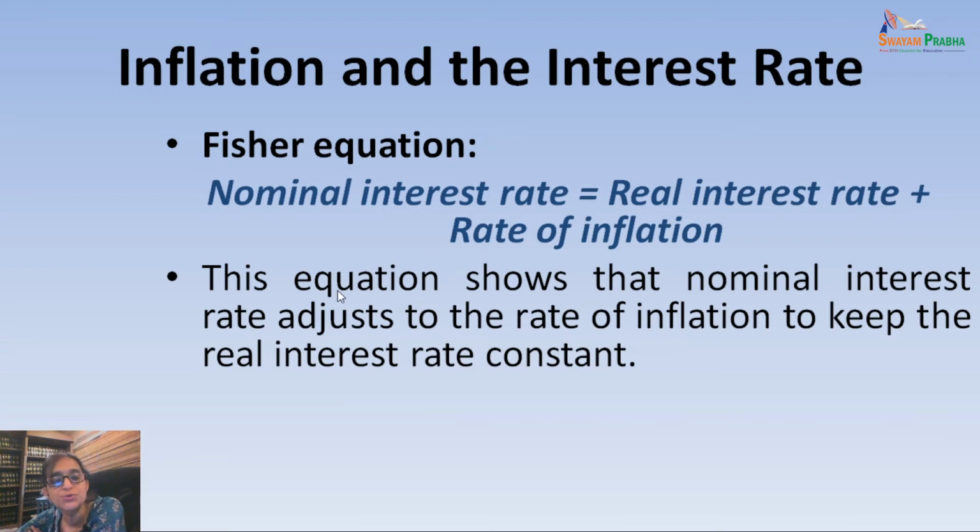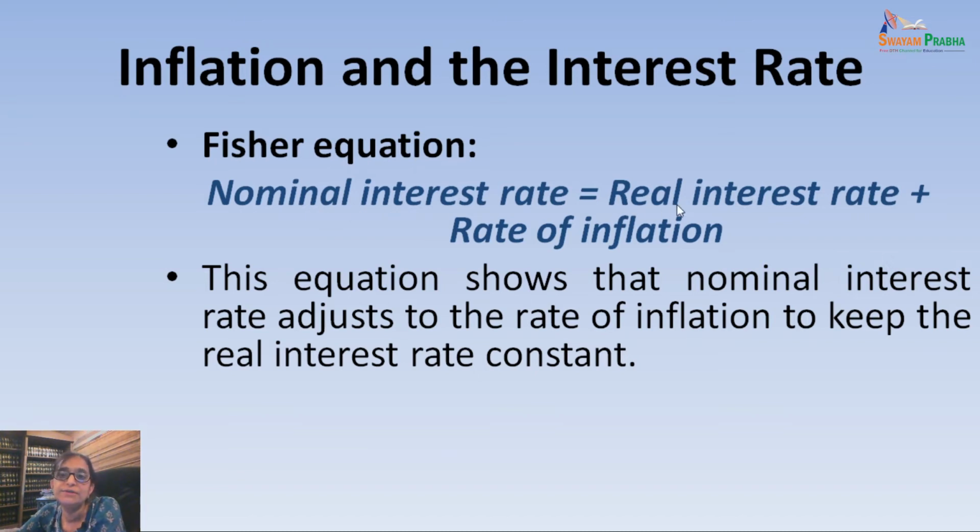What does this equation show? This equation shows that the nominal rate adjusts to the rate of inflation to keep the real interest rate constant. For example, we want to make sure that the depositor at least earns 4% in real terms. So if the real rate of interest is fixed at 4%, whatever be the rate of inflation, if this changes, then your nominal rate of interest would also change.